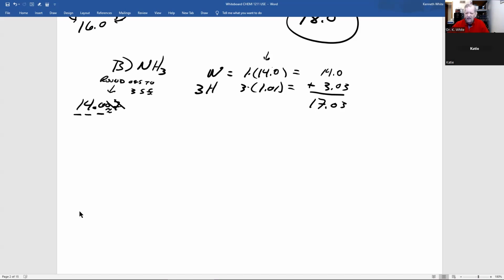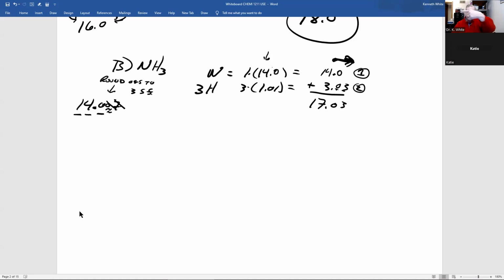And for addition, you get the same number of significant figures to the right of the decimal as the number that has the fewest significant figures to the right of the decimal. Well, here's my decimal. This has 1 significant figure to the right of the decimal. This has 2. And when you add and subtract, you get the same number of significant figures to the right of the decimal.